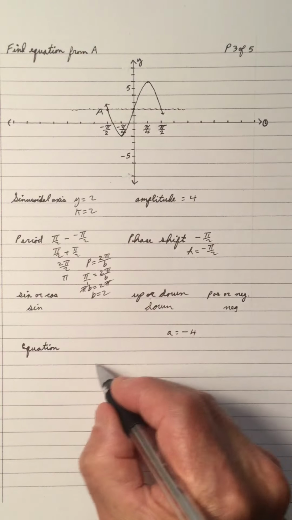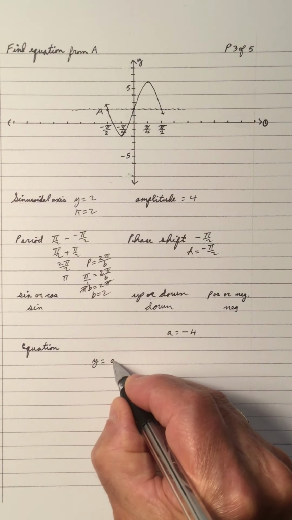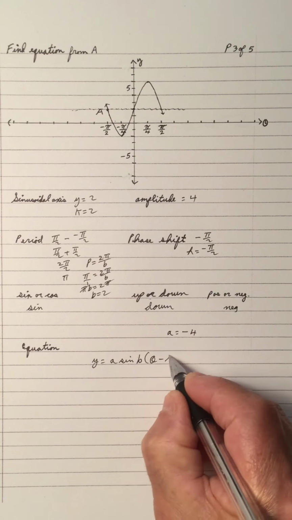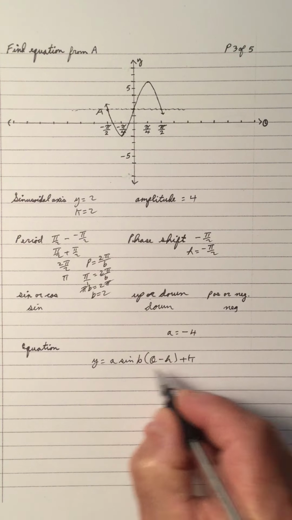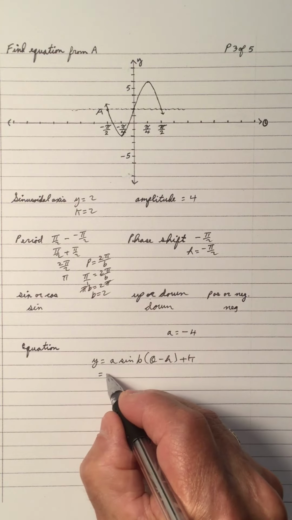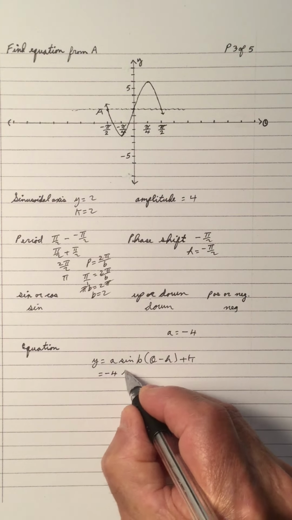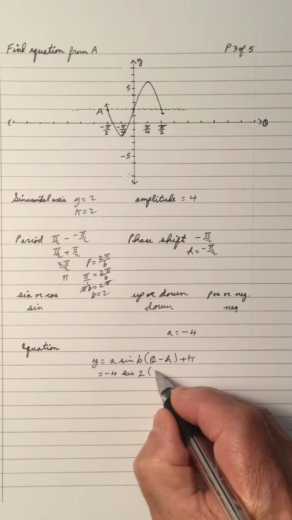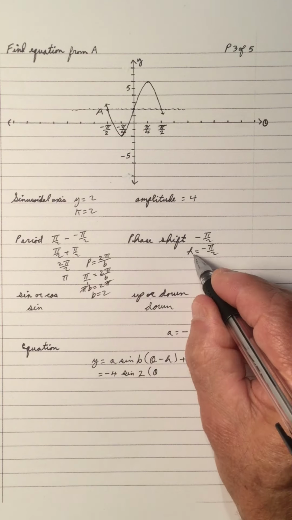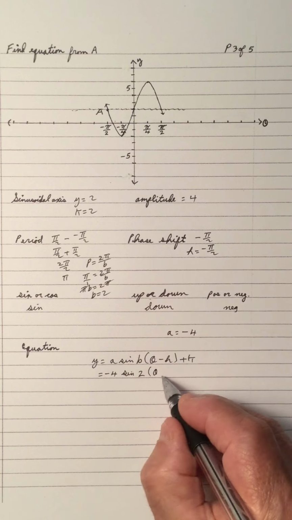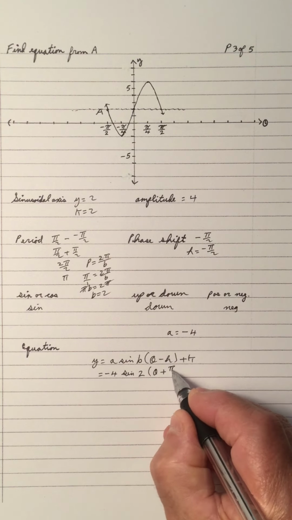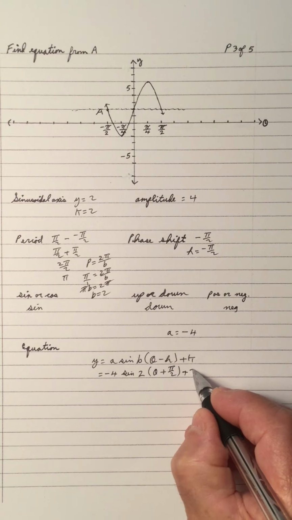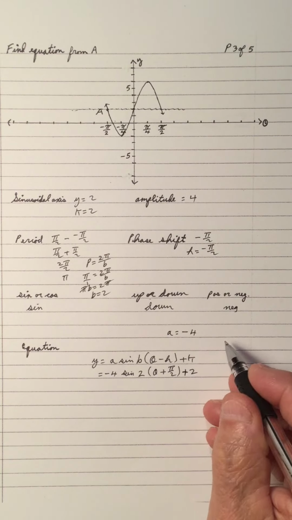Again, we have a sine graph, so y equals A sine B(theta minus H) plus K. So A is negative 4 sine, B is 2 theta, and the shift is minus pi over 2, so it's the opposite of positive pi over 2, and K is 2. K is the sinusoidal axis.